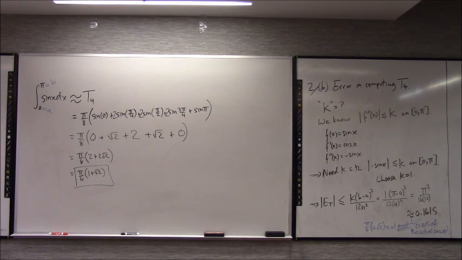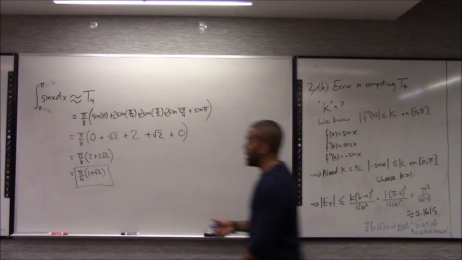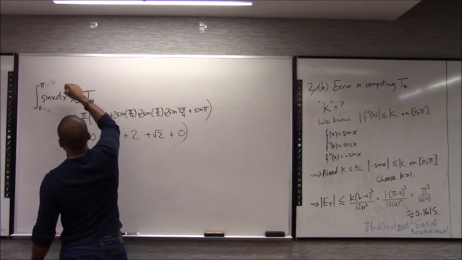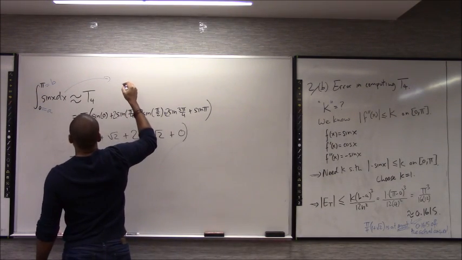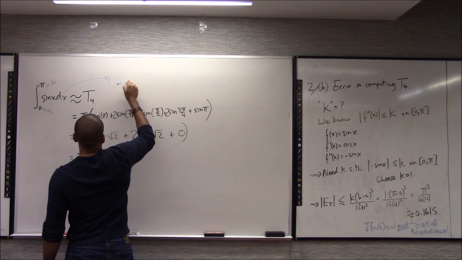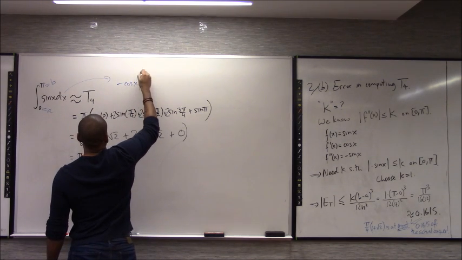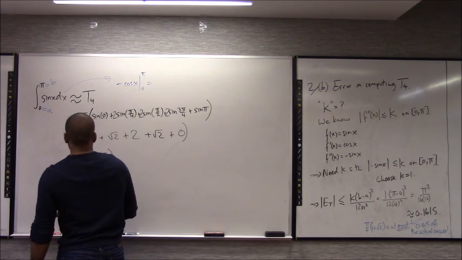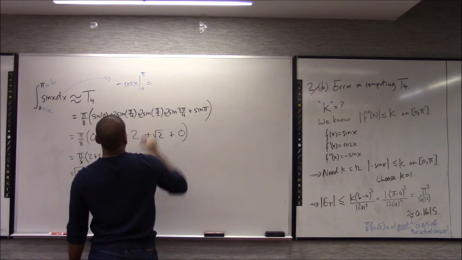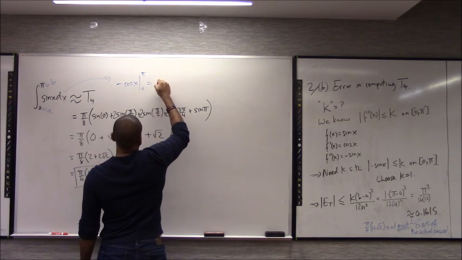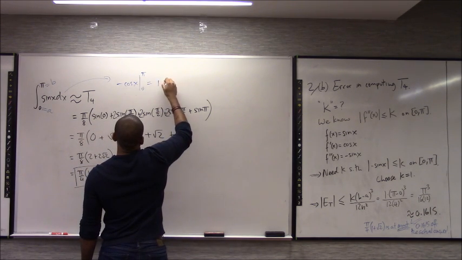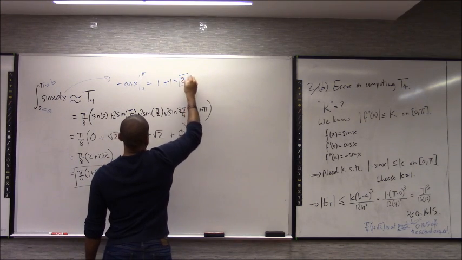That's what that actually means. If you were to compute the actual answer, which in this case we actually could, right? The integral of sine is going to be minus cosine between 0 and pi, and you're going to plug in pi, cosine of that is minus 1, plus 1. So the actual answer is 2.